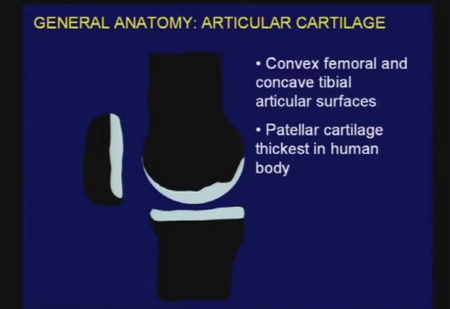The second area that we will concentrate on, at least for a few minutes, relates to the articular cartilage in the knee. This is a drawing, obviously, showing you a sagittal view of the knee, and I've colored in the articular cartilage in light blue. Clearly, we recognize that the articular cartilage in the knee is among the thickest in the human body, and that of the patella is extremely thick.